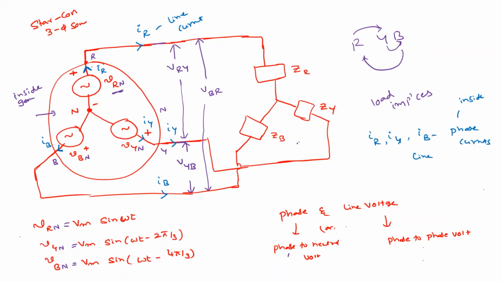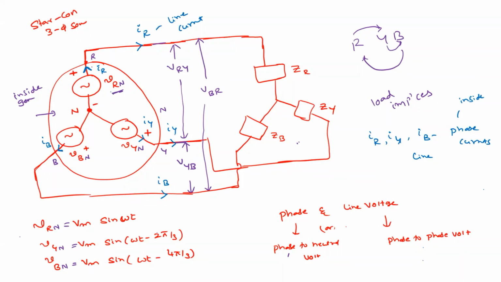Whatever current is inside a particular phase is the same current flowing outside through that phase. So both are the same. Whereas here, for VRN and VRY, there is a difference, so I denoted them with another word. This is clear?